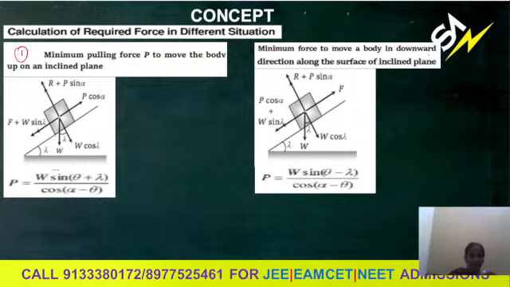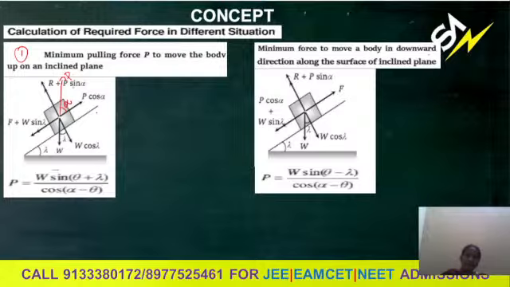The first situation is the minimum pulling force P to move the body up an inclined plane. The body moves up, so the pulling force will act in this direction, pulling the body up the inclined surface. It makes angle alpha with the inclined surface.